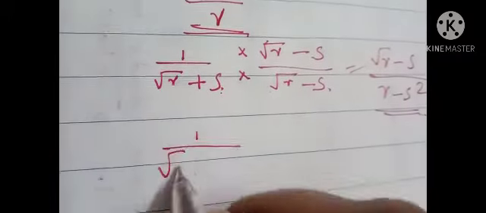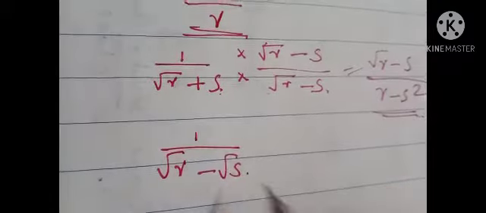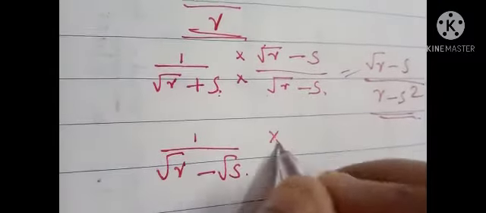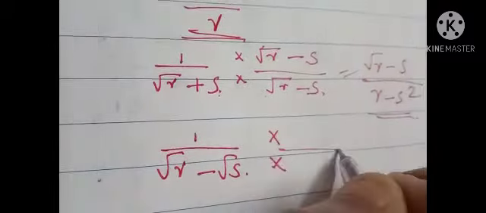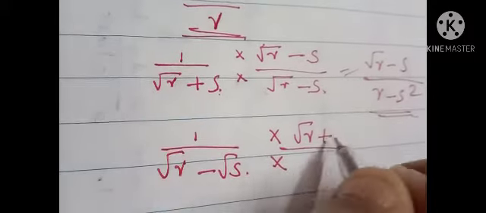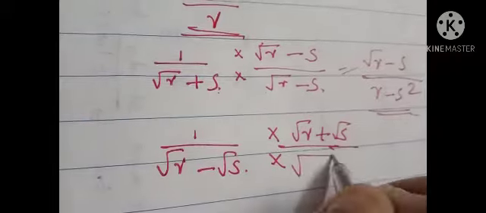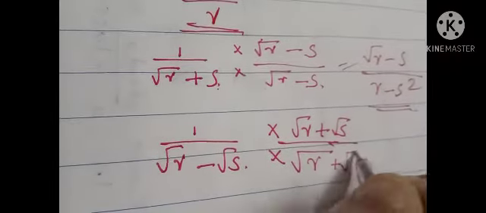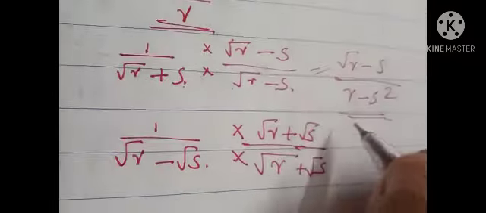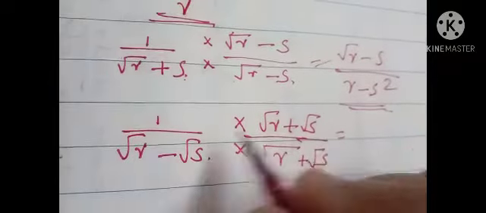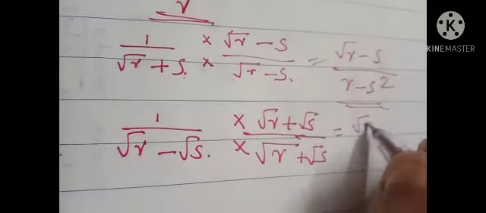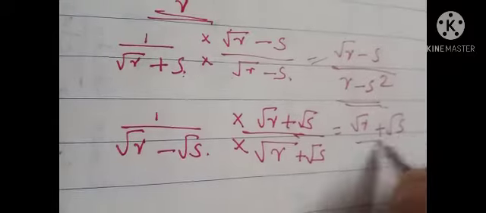The next is when the denominator is in the form root r minus root s. So what will we do? We should multiply both the numerator and the denominator by root r plus root s. Then the numerator becomes 1 into root r plus root s, root r plus root s itself.